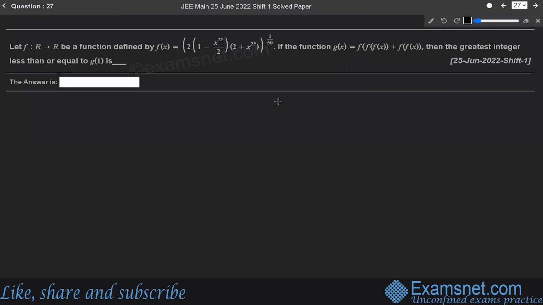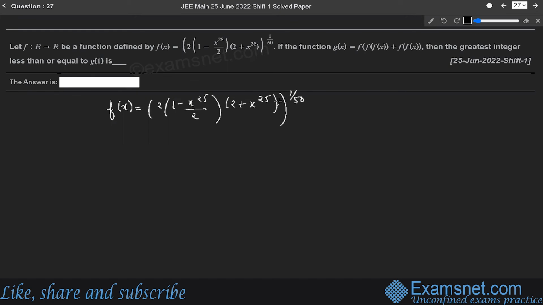Next question is, let f from R to R be a function defined by f of x is equal to (2 into (1 minus x^25) divided by 2 into (2 plus x^25)) whole power 1 by 50.